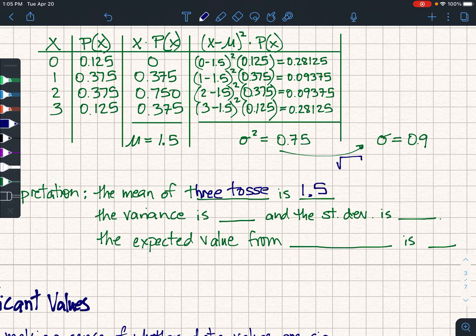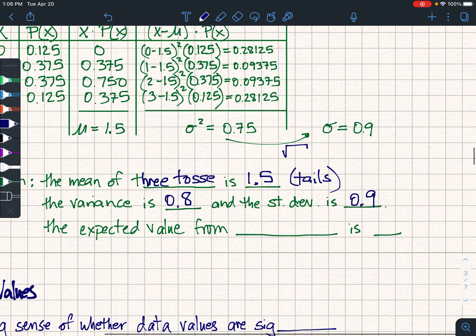And in this case, we were looking for tails, correct? Or heads, it doesn't matter which one you're looking for. The variance is 0.8. All right, and the standard deviation is 0.9. Notice how I rounded each of those to the nearest tenth, because they didn't give me any other directions, so that's what I'm going to use.